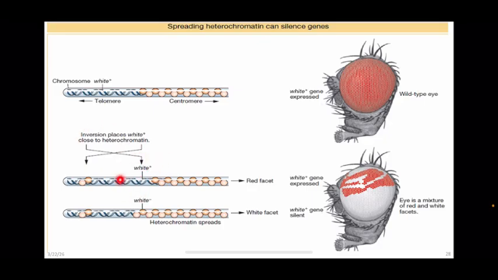So it is now closer to the heterochromatic region than its initial state. In its initial state, the white gene is being expressed, that's the plus on it. But when the ends are exchanged, now it is closer to the heterochromatic regions, so it will now be negative, and the heterochromatic region will start spreading. Initially, when the white genes are expressed, they will have red eyes. But when the white genes are not expressed, they will have white eyes.